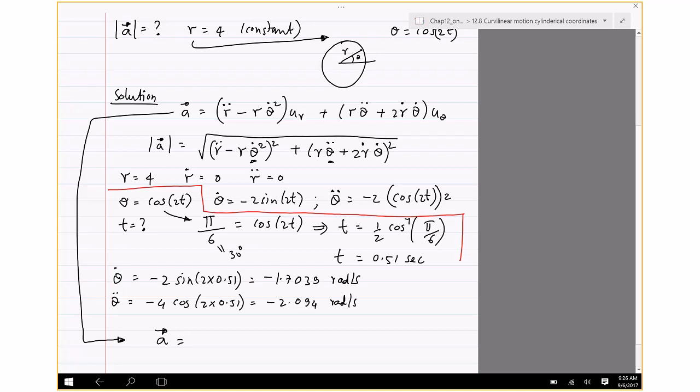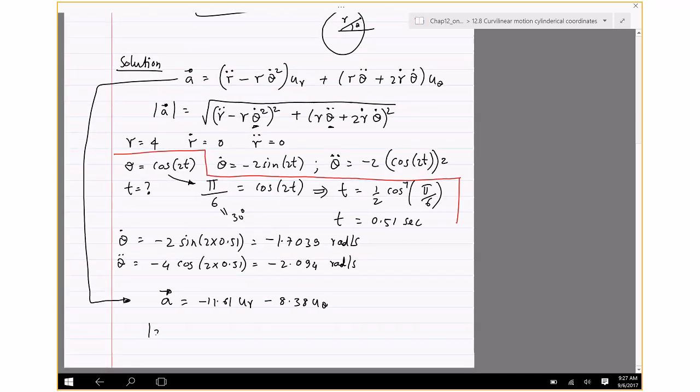It comes out to be 11.61 U_r minus 8.38 U_theta. And if you want to find the magnitude, it's simply negative 11.61 squared plus negative 8.38 squared. That is 14.3. It's going to be the same units in which R is. So R is in units of inch, so it's going to be inch per second squared.